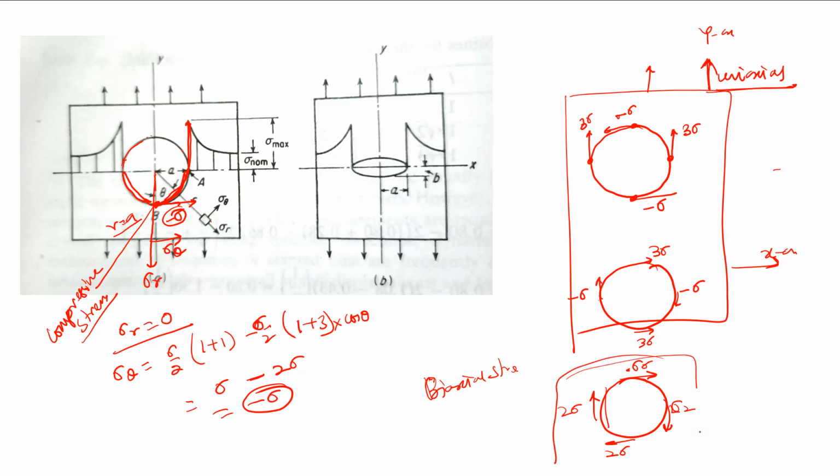So the maximum stress possible in the case of biaxial stress will be equal to 2 sigma, that means 2 times the nominal stress. That is the question which I have also put in the discussion forum, and this is the solution for it: if a biaxial stress is applied, then the maximum stress concentration it can reach is 2 times.